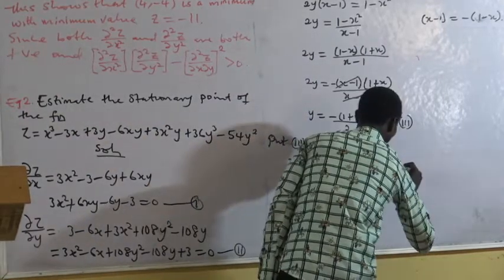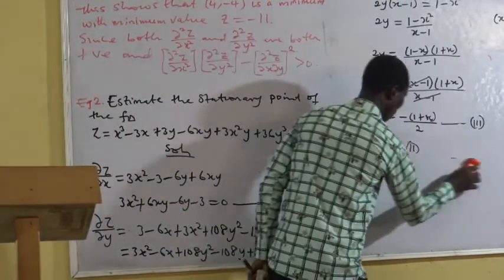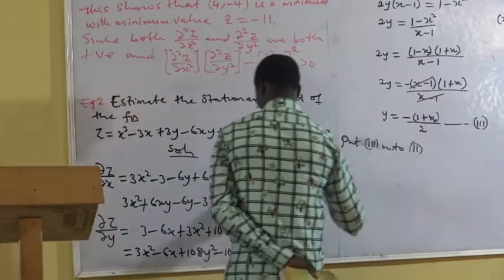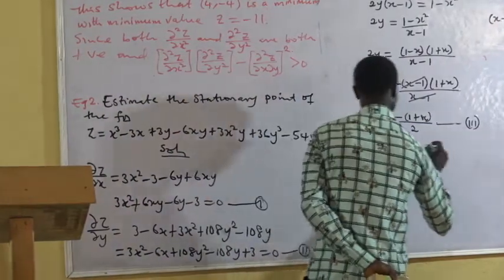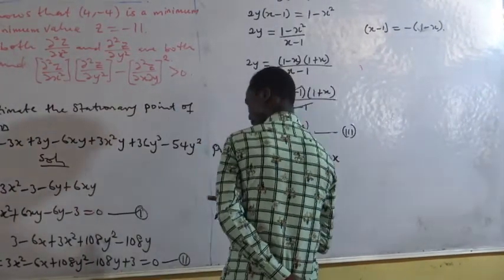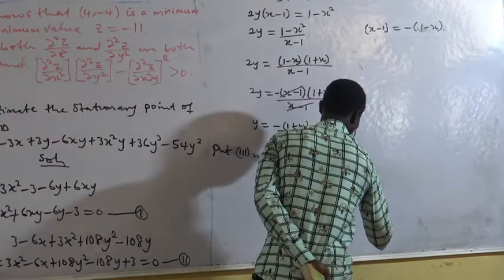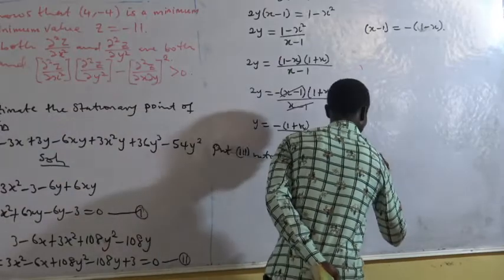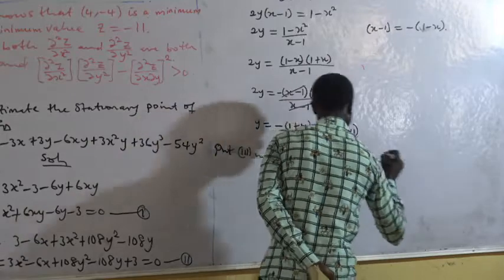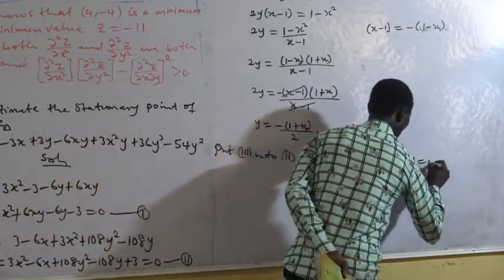Before I go to that, my equation 2 can be reduced. I can write equation 2 as x to the power 2 minus 2x plus, if I use 3 to divide this, 36y squared minus 36y plus 1 is equal to 0.